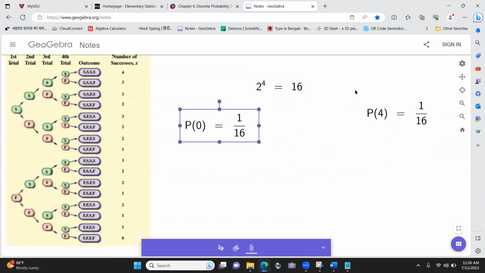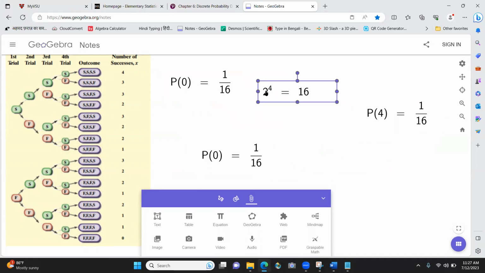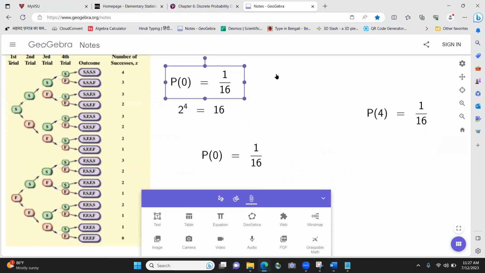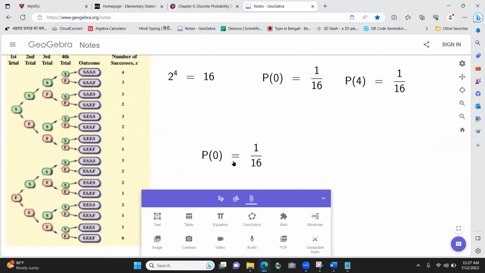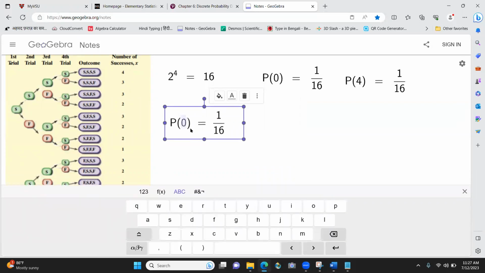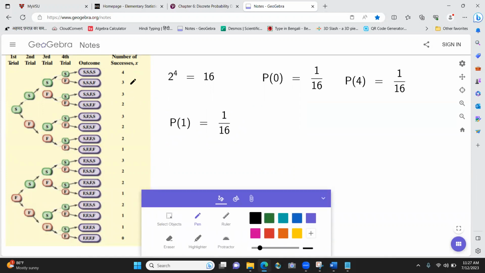The rest are a little tricky. Okay, so let's do this now. Probability of 1: you could get one success here, here, here, and here.